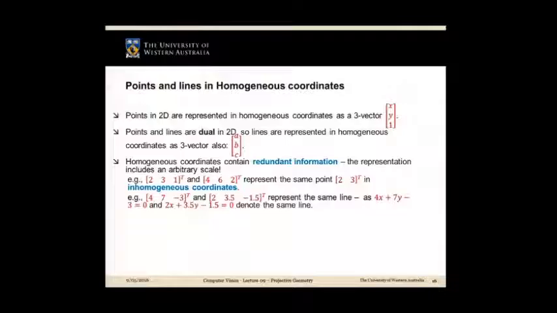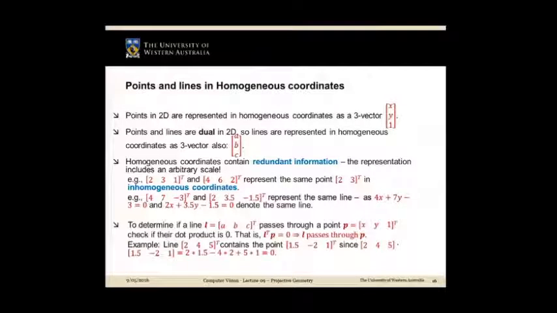Now, how will you determine that a point lies on a given line? Given a point and a line, how will you determine that a point actually lies on that particular line? Mathematically, or if you're implementing it in MATLAB or C or whatever. To determine if a line L passes through a point P, (x, y, 1), check if their dot product is 0, right?